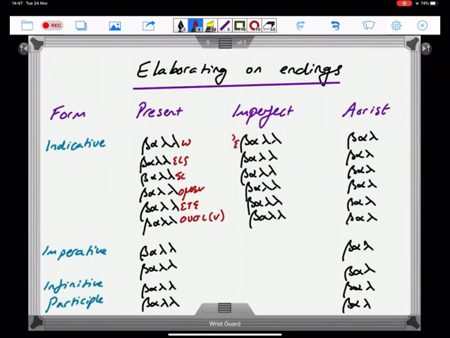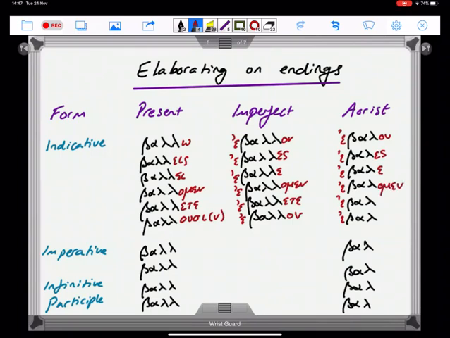And then you've learned imperfect, augment them all, ebalon, ebales, ebale, ebalomen, ebalate, ebalon, eluon, elues, elue, eluomen, eluon. The imperfect is the same. It's in the aorist we have a change. You're still going to augment, but now we've changed the stem so it only has one lambda in it. And your standard imperfect endings go back on.